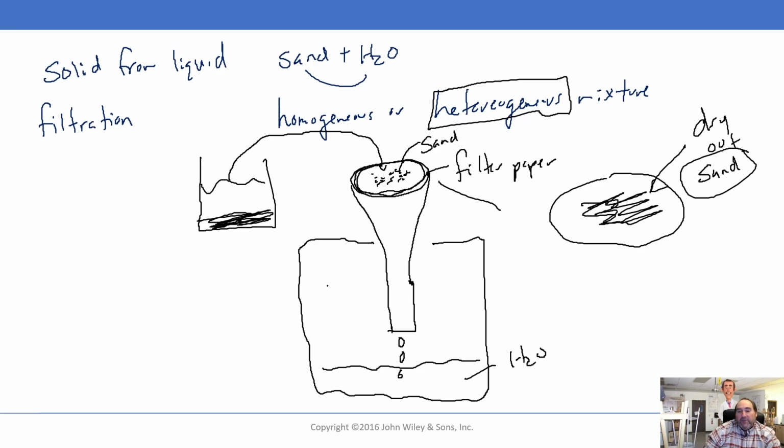That was one part of my mixture. And obviously here I would have my liquid water. So in this heterogeneous mixture, by a simple physical process of separating out the solid from the liquid using filtration, we're able to get back both components of our mixture in their original form.